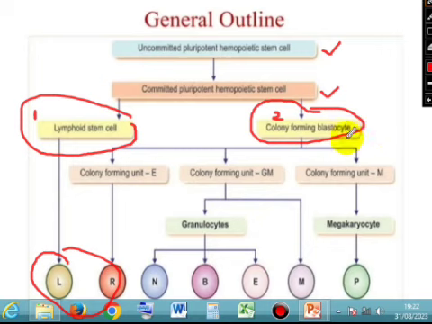L for lymphocytes. This L simply stands for lymphocyte. So the lymphoid stem cell will eventually differentiate into lymphocytes.